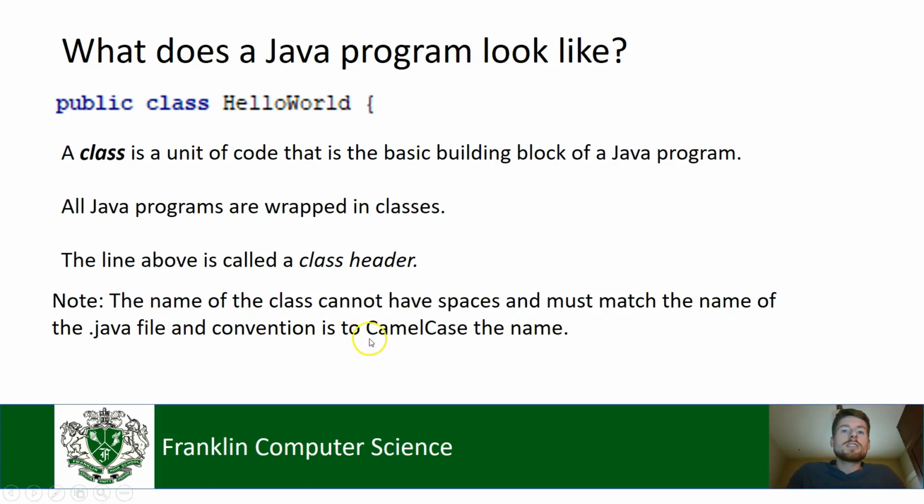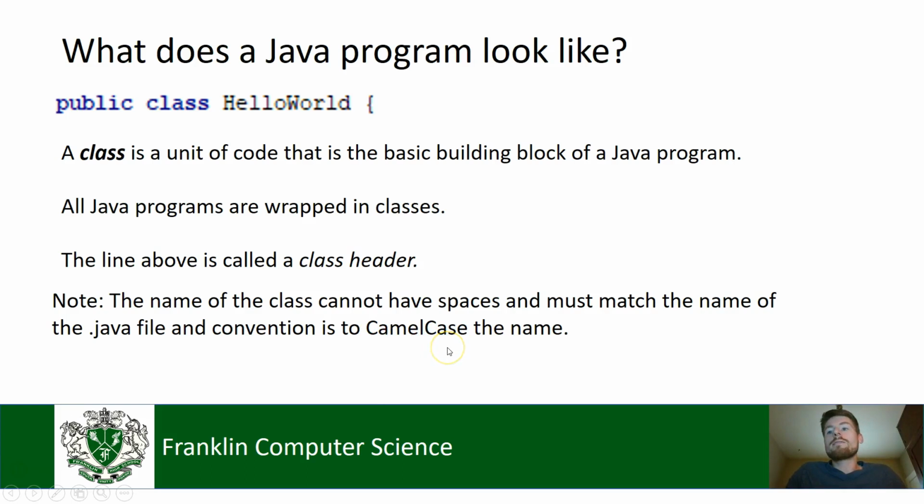So the convention is what's called camel case, and I gave you an example of camel casing here. It's where you capitalize the first letter of the first word, and then all subsequent letters of that word are lowercase. Capitalize the first letter of the next word, all subsequent letters of that word are lowercase, and so forth.